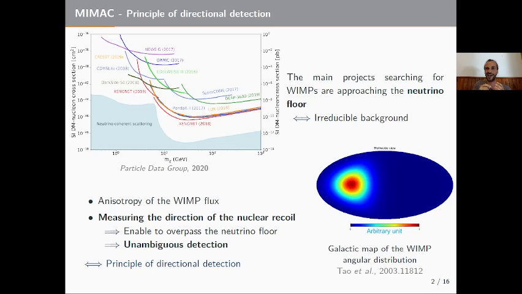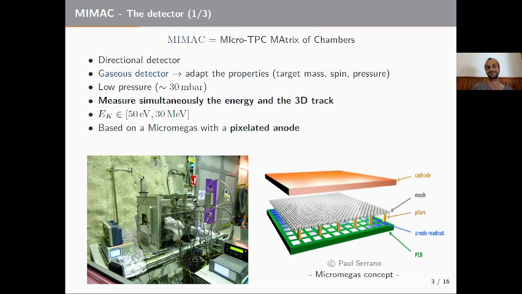If we are able to correlate this direction with the measurement of the direction of a nuclear recoil induced by a collision with the WIMP, then we can be sure that what we see is a WIMP, without relying on simulation. And then we can go beyond the neutrino floor. This is the principle of directional detection.